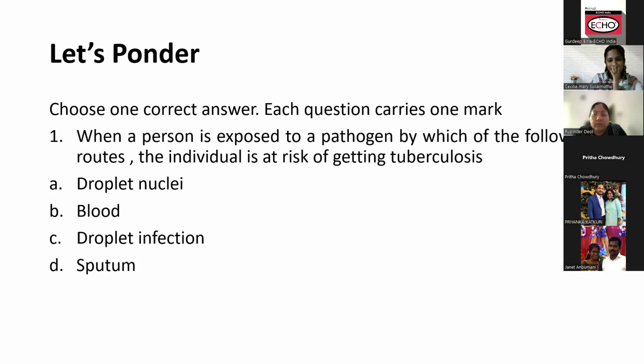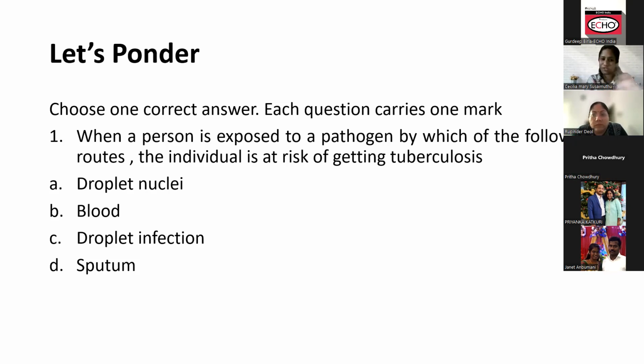I don't think so. The question is not adhering to the stem, I feel. So how can it be formulated?